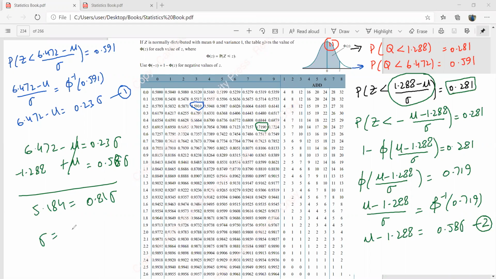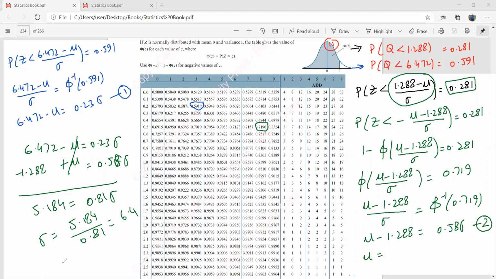So your sigma is 5.184 over 0.81. 5.184 divided by 0.81 gives you your sigma. This is 6.4, and you put it here to get your mu.